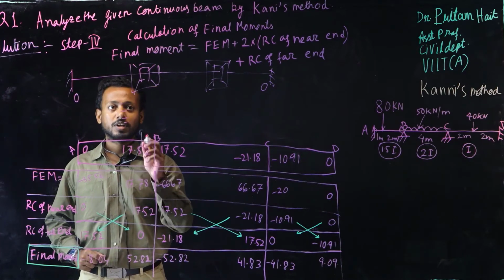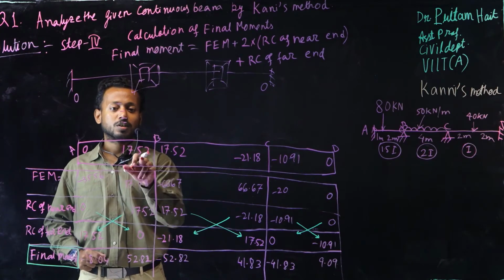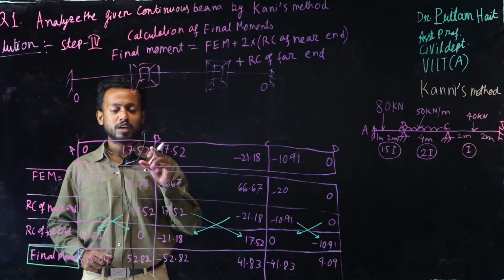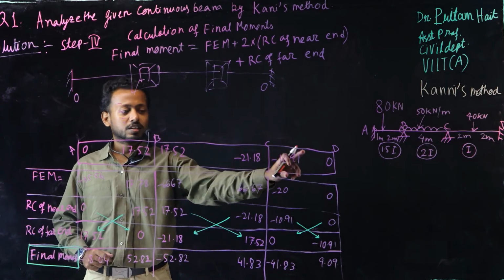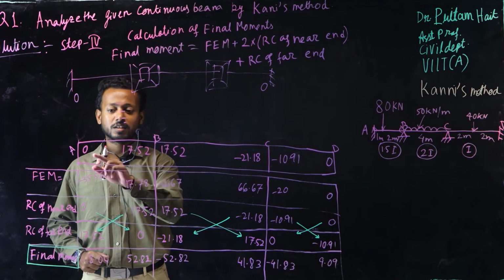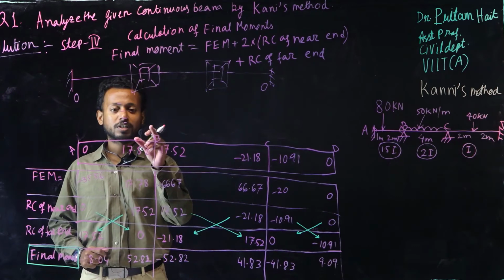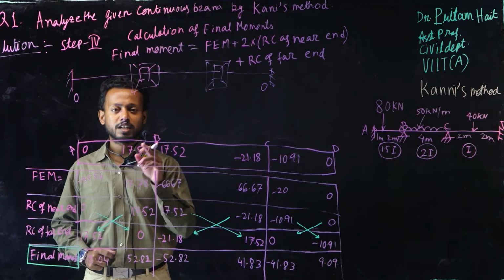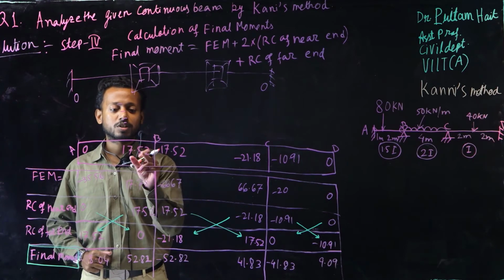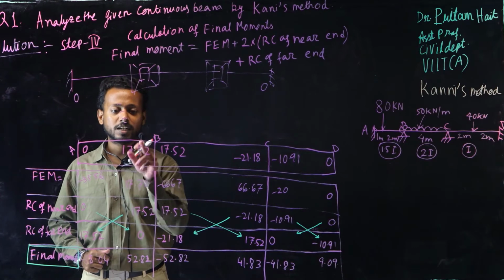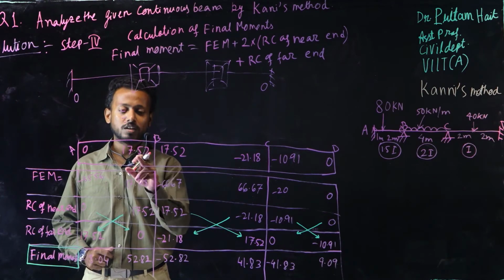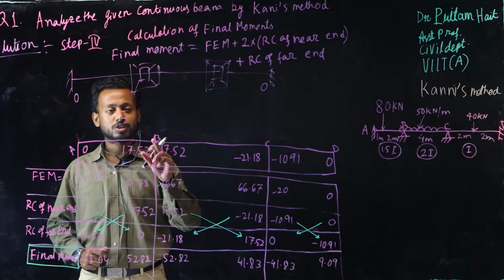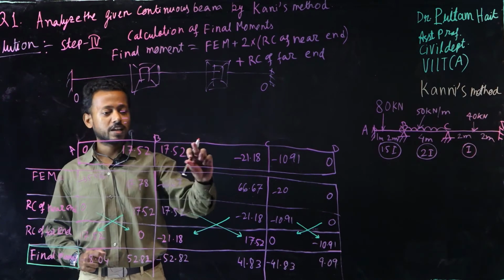At the last step, when you see that the previous line moment and the current line are nearly the same, at that step you stop the iteration process, and the last line moment will be the rotation contribution at the respective joints. While calculating the rotation contribution at each joint, you observe that the rotation contribution in the previous line and the current line is about the same, and at that moment you stop the iteration process, and the last line will be the final rotation contribution. So this was the last line at the different joints.